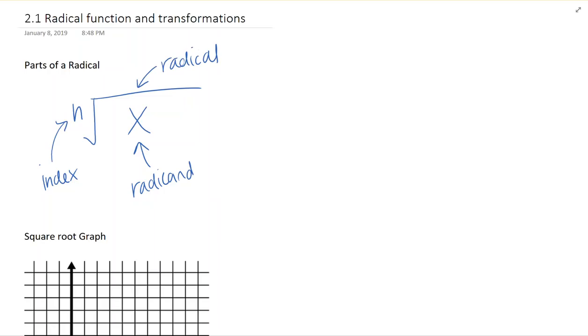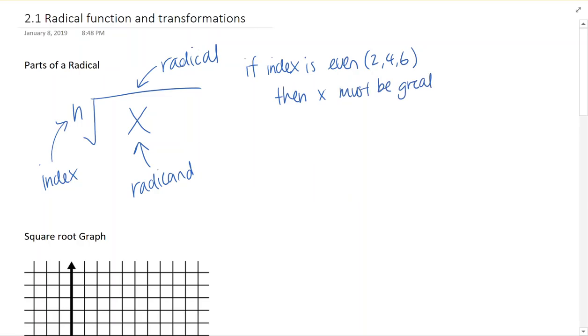Something you may recall from Pre-Calc 11 is that it depends on what number the index is. If the index is even, so even numbers are 2, 4, 6, etc., then x, or the radicand, must be greater than or equal to 0.